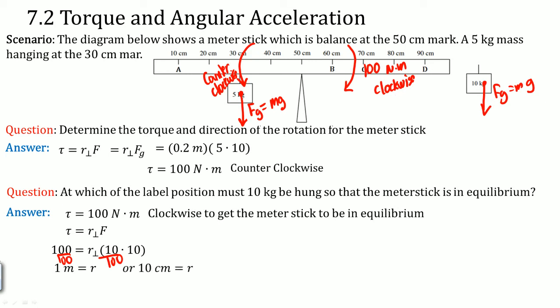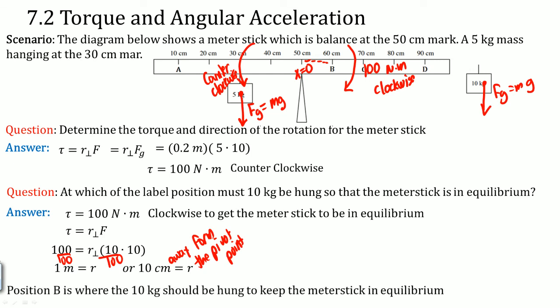So what this means is that the radius has to be 10 centimeters away from the pivot point, or from x equals 0. So this is basically when x is equal to 0. Okay, 10 centimeters away would be, there you go, at position B. So position B is where the 10 kilograms should be hung to keep the meter stick in equilibrium.